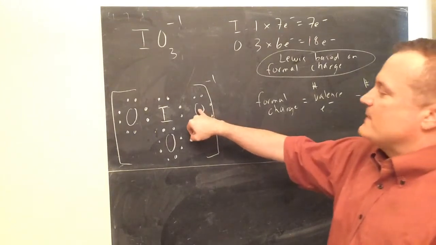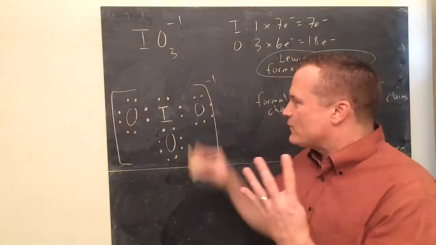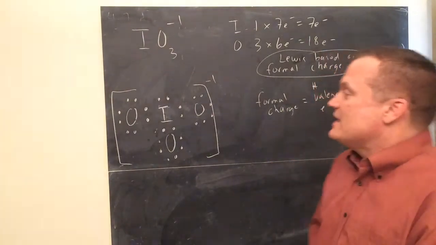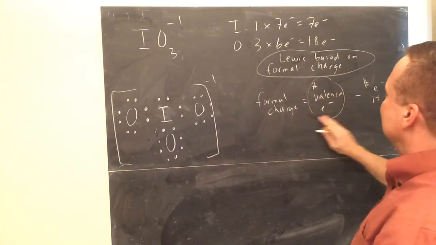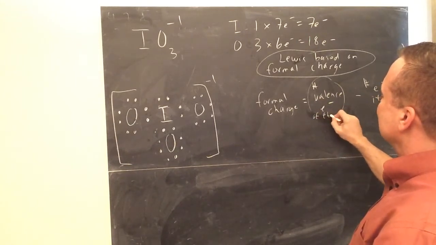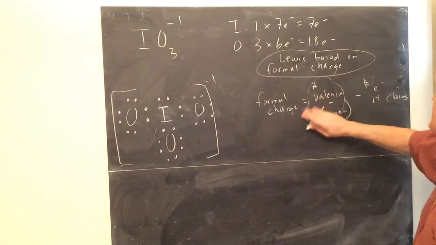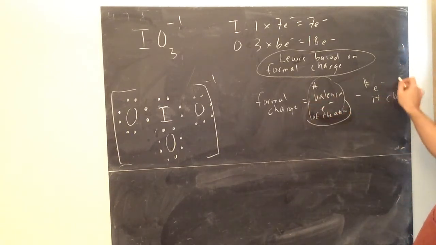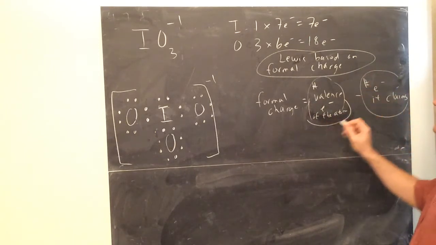For oxygen, this iodine, each of those 4 atoms have a formal charge. To find it, I'm going to take the number of valence electrons of the atom, and I'm going to subtract the number of electrons that atom will claim.